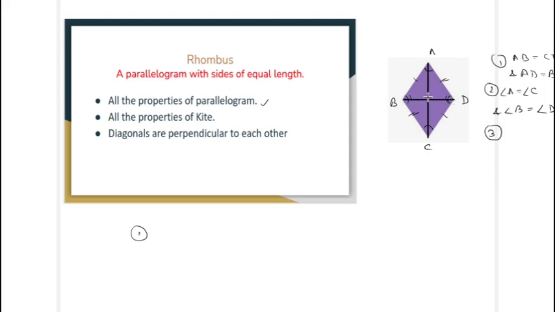In this rhombus also the diagonals bisect each other. So here we will write the diagonal AC and the diagonal BD bisect each other.